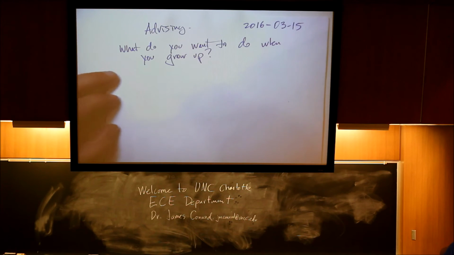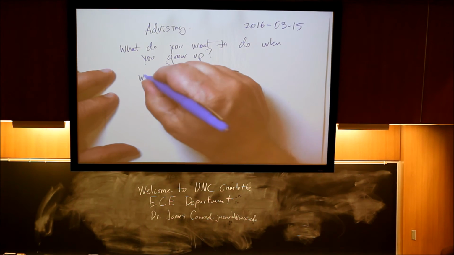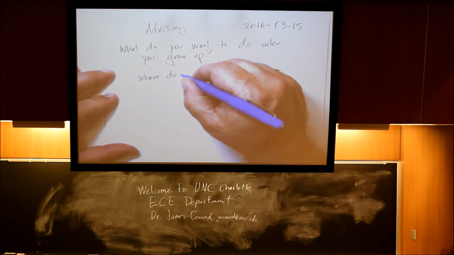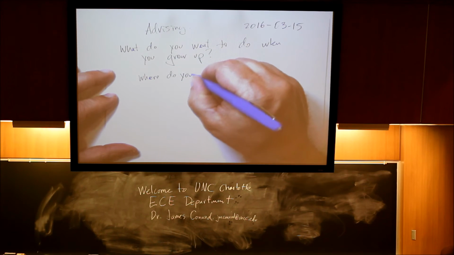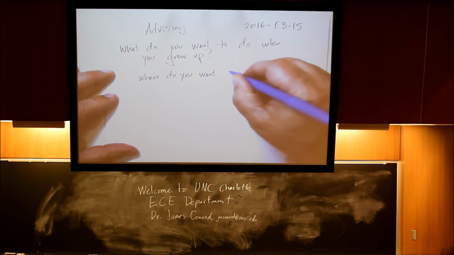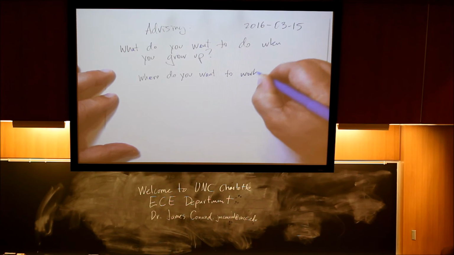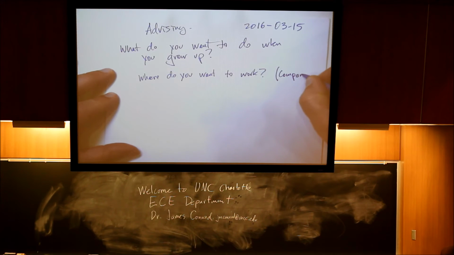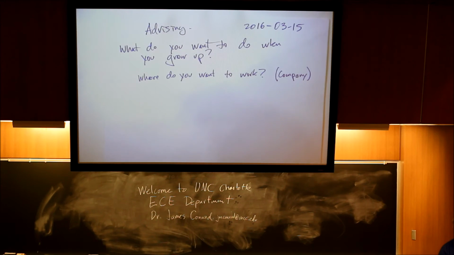So what do you want to do? You have to think about what company or where do you want to work? And I'm talking more of company. Do you want to do processors? Do you want to build systems? Do you want to work in VLSI? Do you want to do programming?